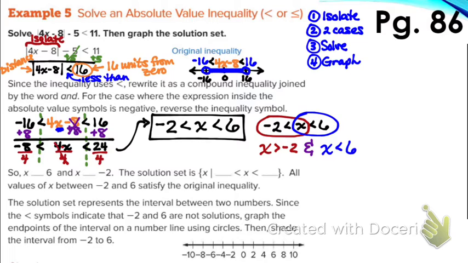So x is bigger than negative 2, and it is smaller than 6. Less than 6, bigger than negative 2. I do not like the way your book writes the solution.